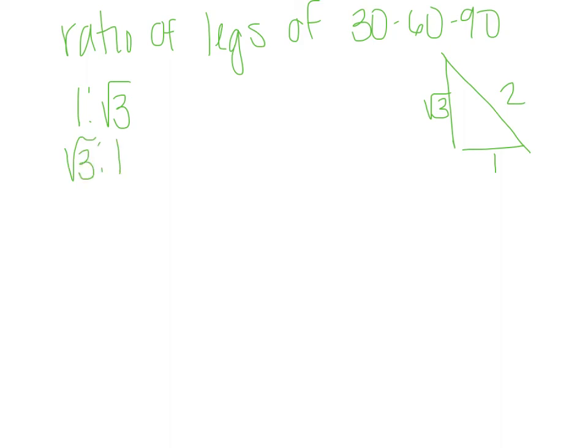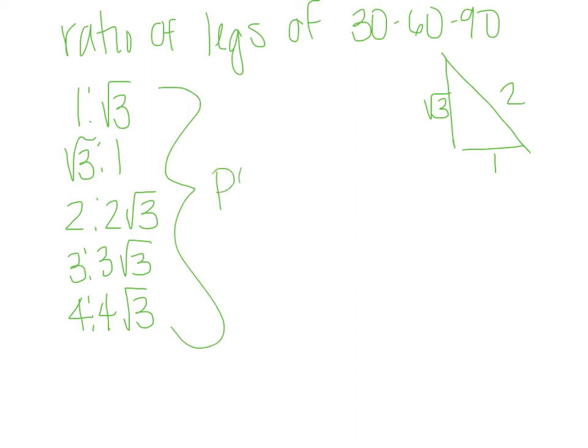It could be 2 to 2 square root of 3. It could be 3 to 3 square root of 3. It could be 4 to 4 square root of 3. All of these are possible ratios. That doesn't mean we have to have them, but they are possible.